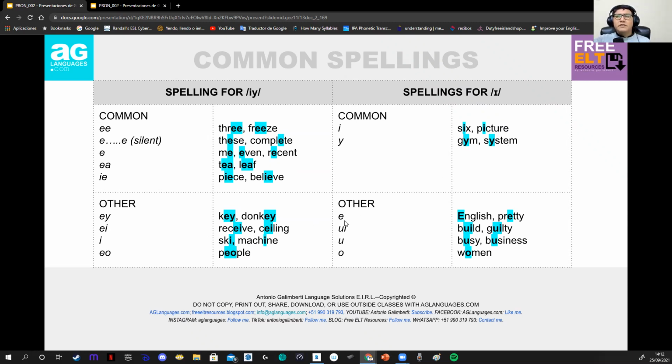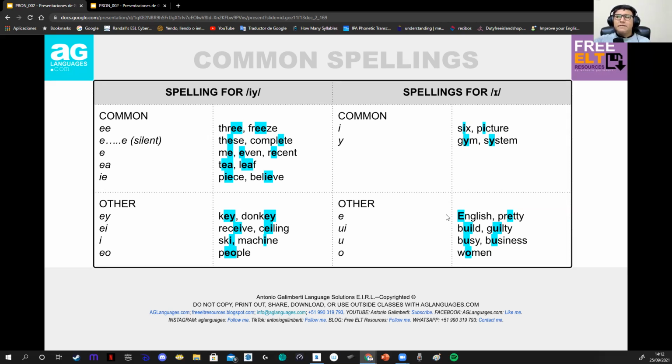In other combinations or vowels, E, English, pretty. U, I, built, guilty. With U, busy, business. Or with O, women.